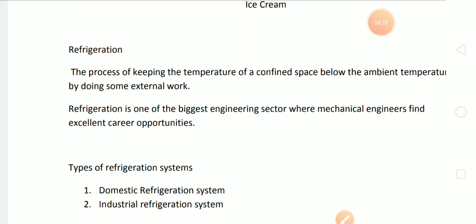Is there anything related to industrial refrigeration systems? Of course, we all buy fish. Maybe some of you are vegetarians, but almost all people may eat fish or meat. Fishermen or sales representatives come to your home with a small box having fish along with some ice cubes.